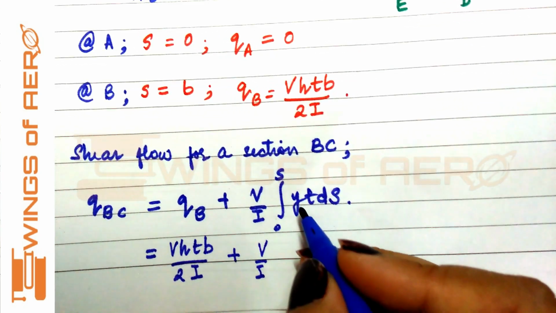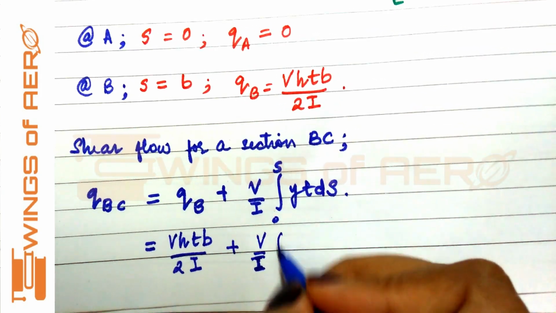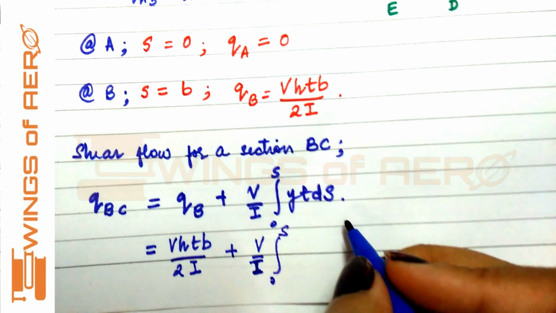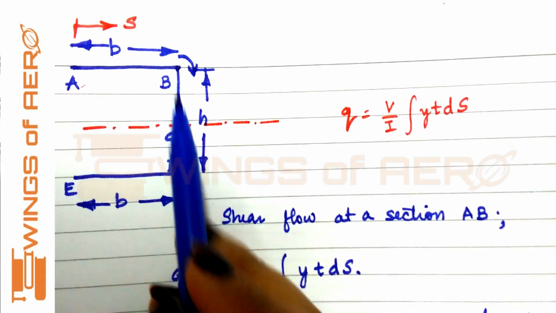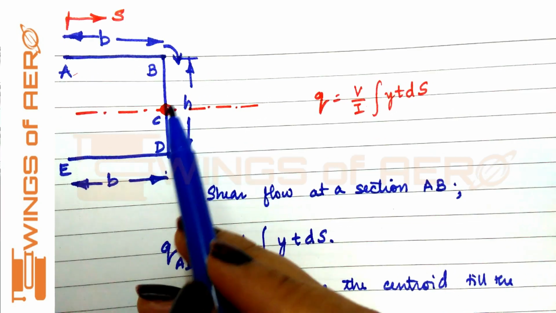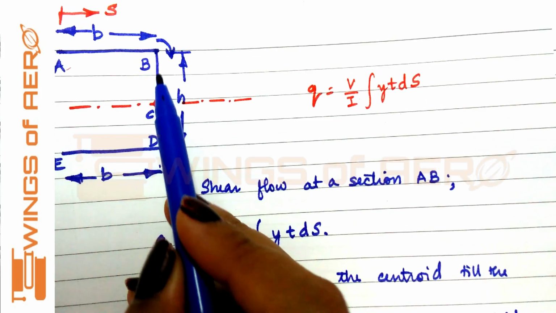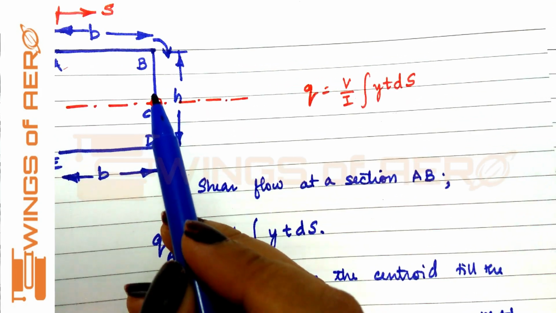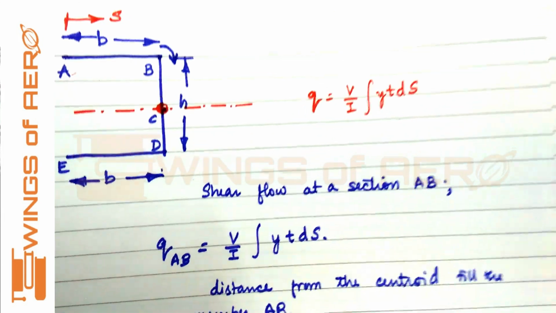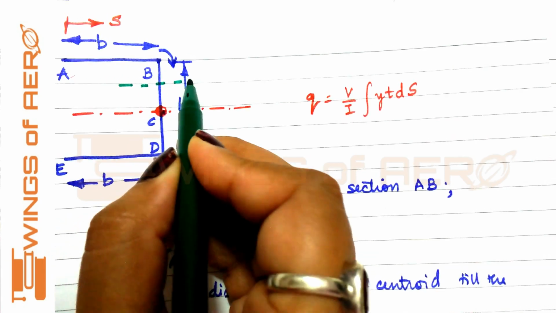And now here, what is the value of y? What value of y will we consider? Here you see in the figure, we are taking BC. What is the y point? That is y, the distance of a member from the centroid. But the y point is varying, so which point will we consider? For simplification, we will take one small reference line.